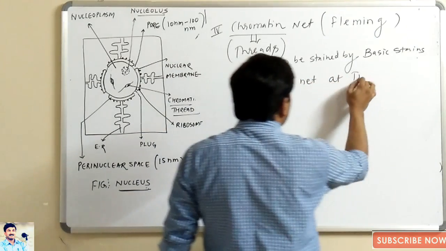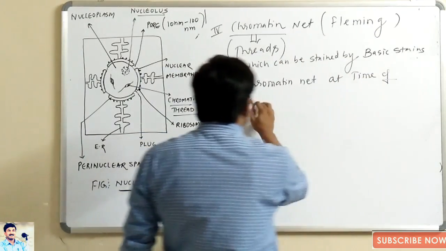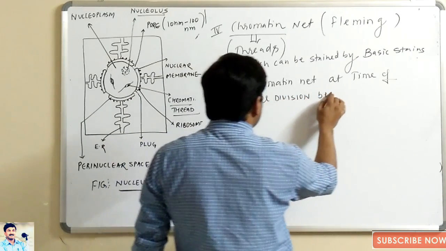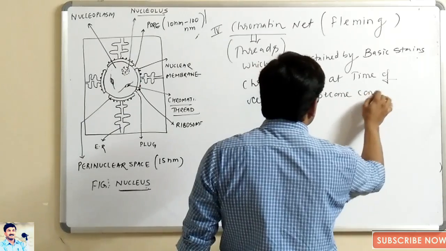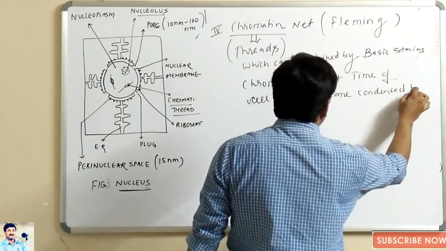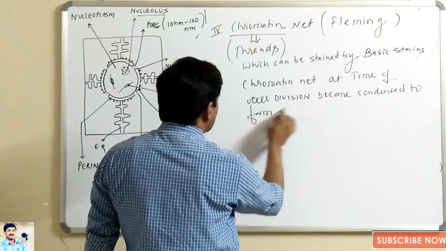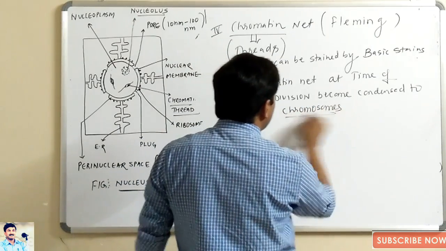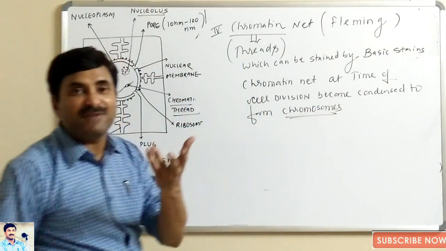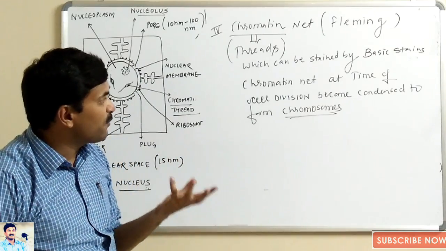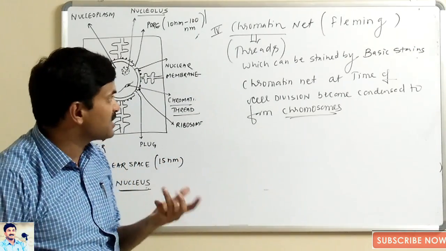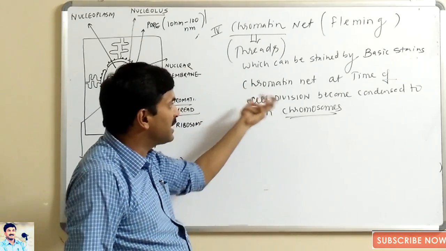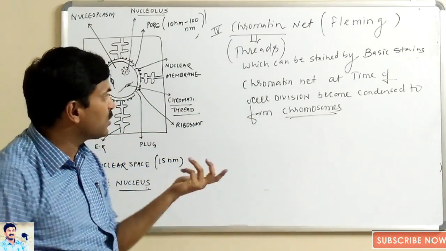And this chromatin net at the time of cell division becomes condensed to form what? The chromosomes. And we know very well that chromosomes are hereditary vehicles which carry the genes from one generation to another generation. So at the time of cell division, this chromatin net becomes condensed and forms what? The chromosomes.